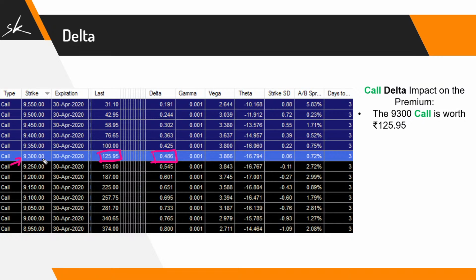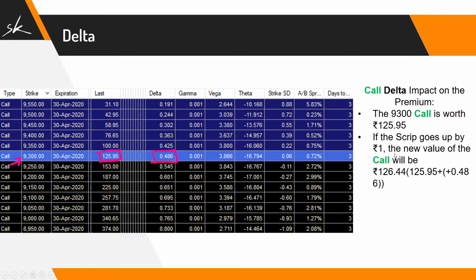So what is this telling me? That if the underlying moves 1 rupee in my favor, the value of this option will only increase by 0.48 of 1 rupee, which basically means by 48 paise. So if the underlying goes up or down by 1 rupee, the value of this option price will only go up or down by 48 paise. So if the script goes up by 1 rupee, the new value of the call will be 126.44.